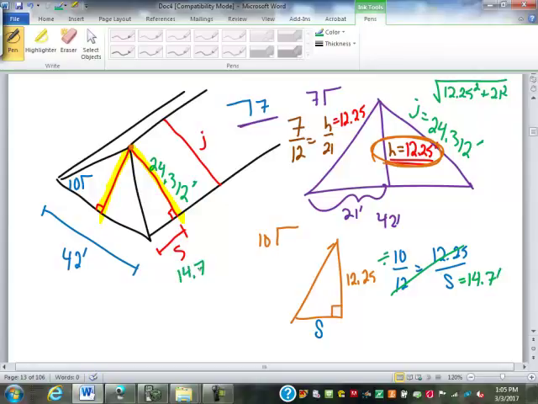Yes? So we got the setback. I can find this length here from what? Perfect, and that becomes what?